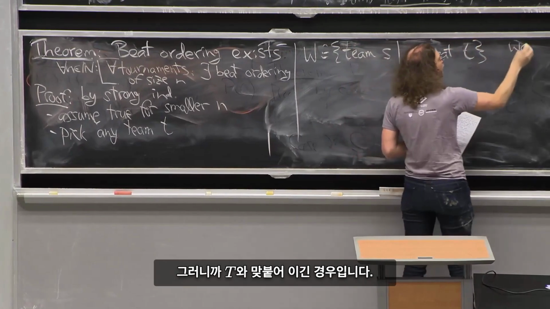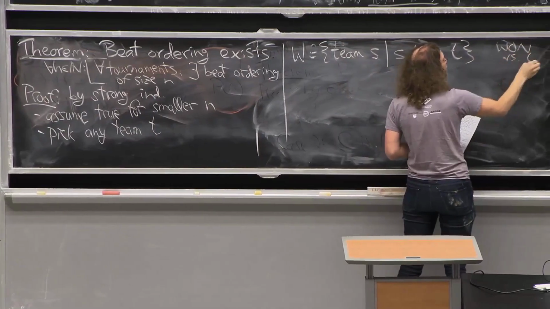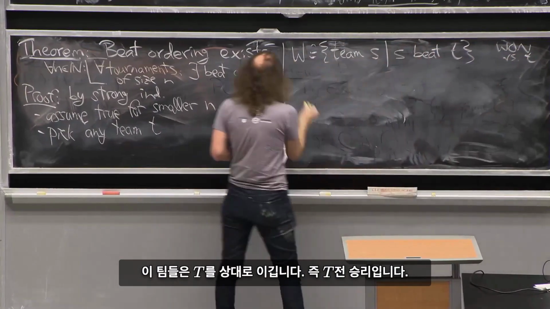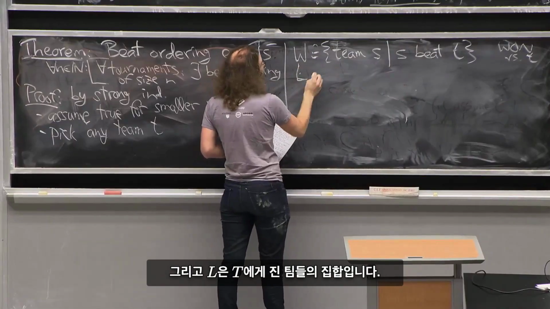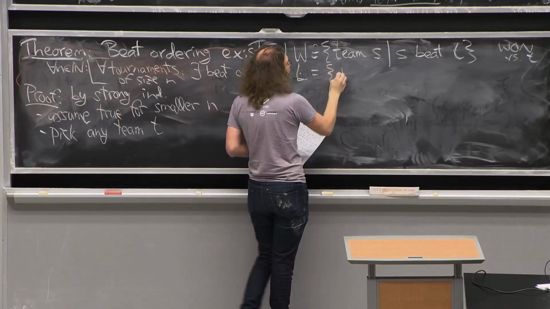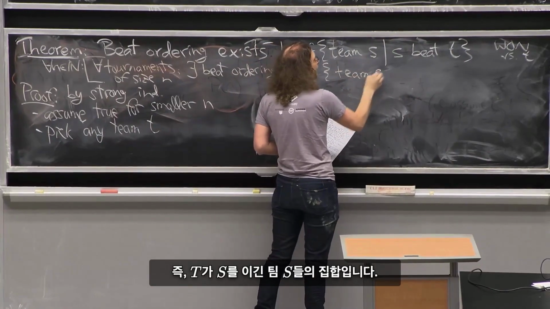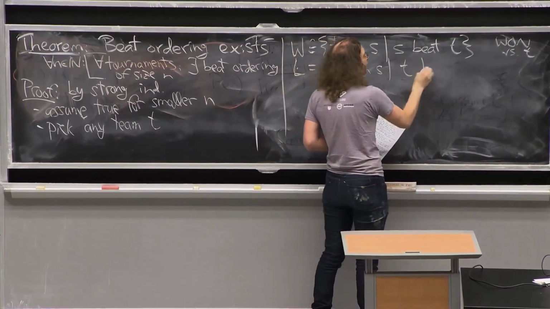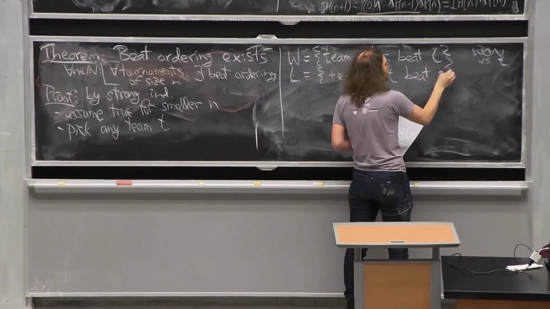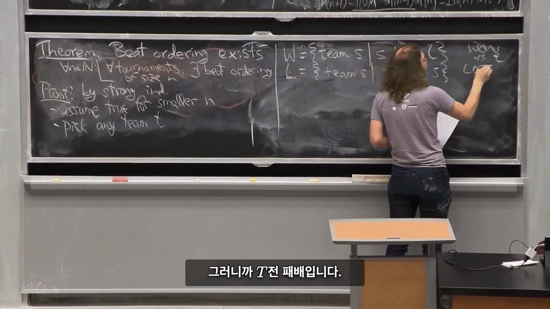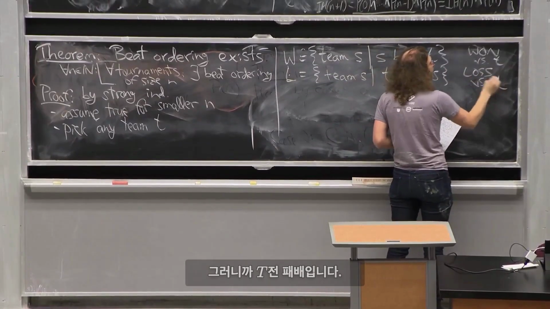These teams win versus t. And L is going to be the set of teams that lose against t. So this is the set of teams s where t beat s. So this is a loss versus t.